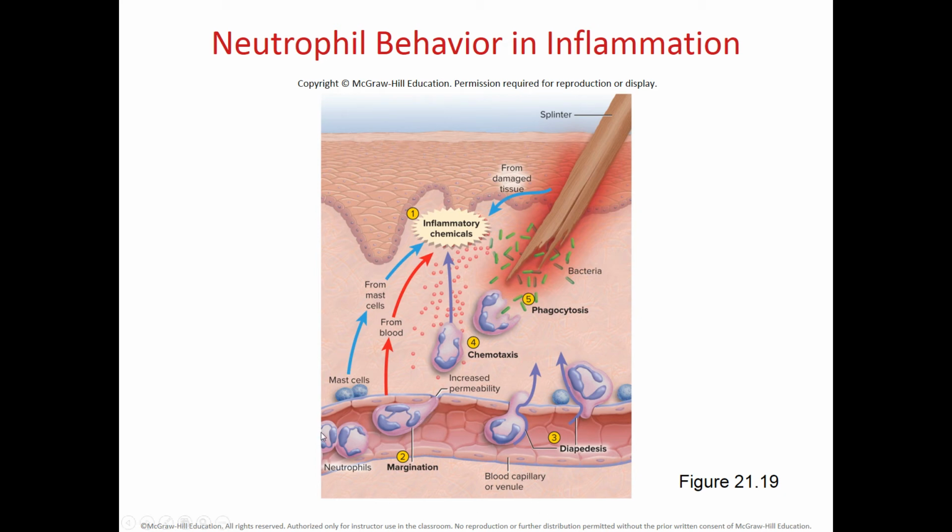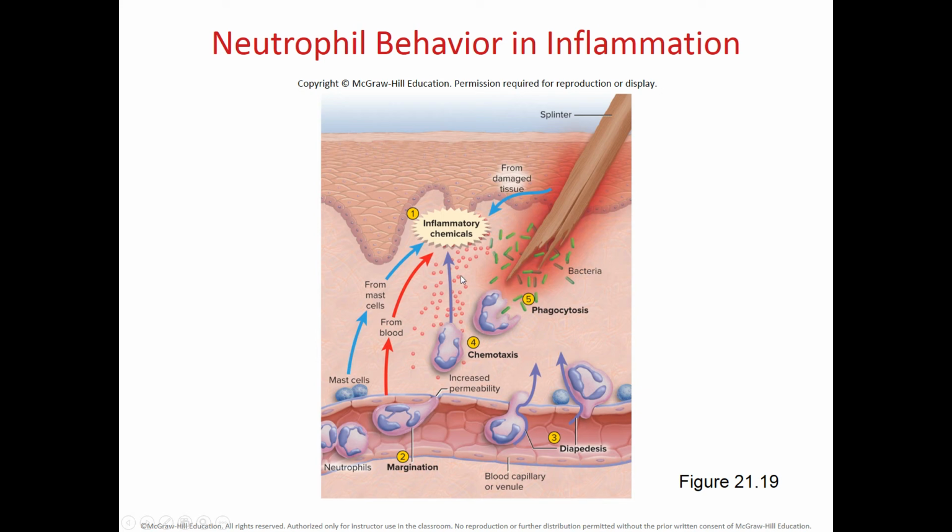So here is this neutrophil behavior in inflammation. If this was the skin of your index finger and you got a splinter in it, this splinter will create tissue damage in your epidermis and the dermis. So this is the epidermis, this is the dermis, and let's say this splinter has bacteria. Now, the tissue damage itself and the bacterial cells will help in the release of the cytokines.